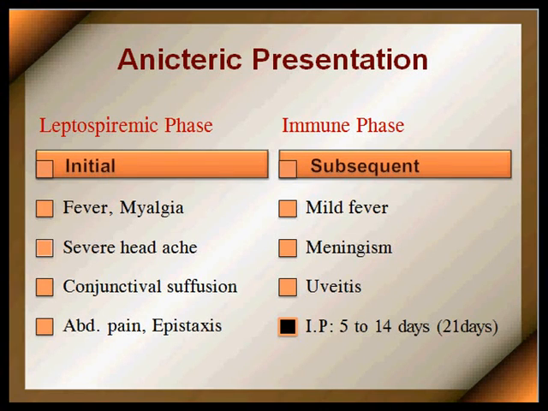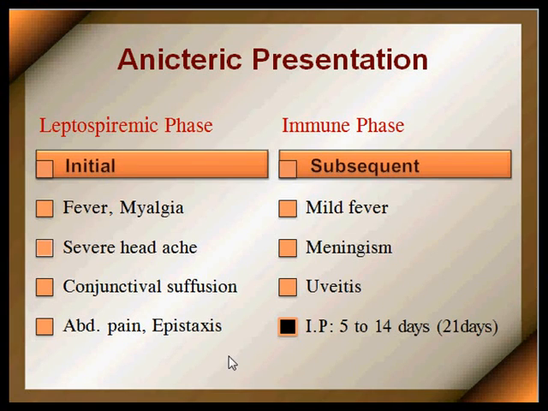The anicteric, milder illness can present in two phases, the leptospiremic phase and the immune phase. In the initial leptospiremic phase, fever, myalgia, severe headache, conjunctival suffusion, abdominal pain, epistaxis, lymphadenopathy, and rashes, all common manifestations of any routine fever, will be there.